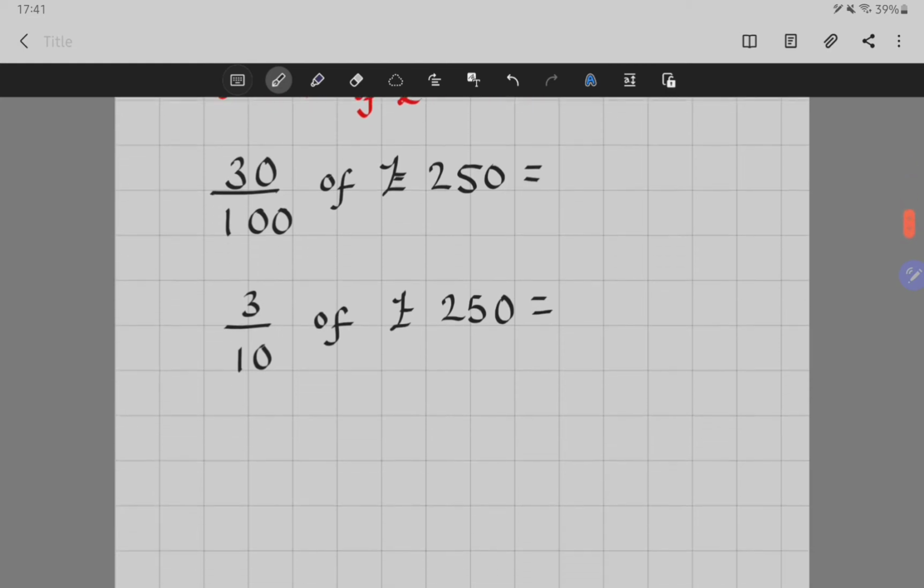Okay, I might even be able to do parts of this mentally. So this is telling me I need to divide by 10 and then multiply by 3.